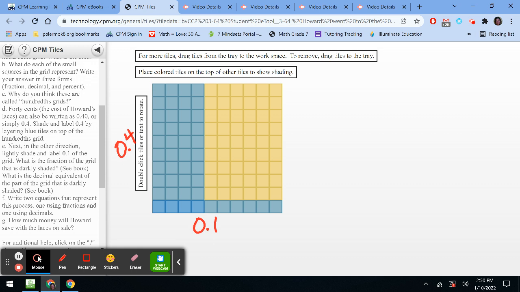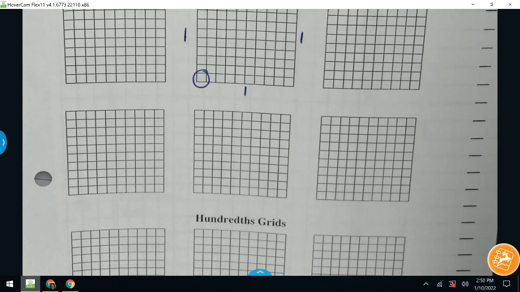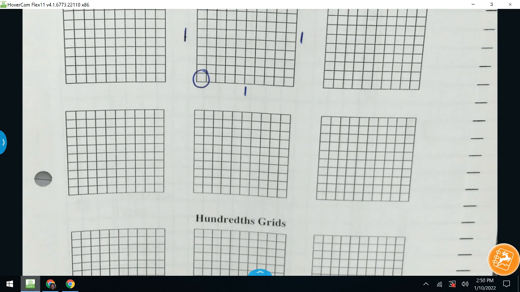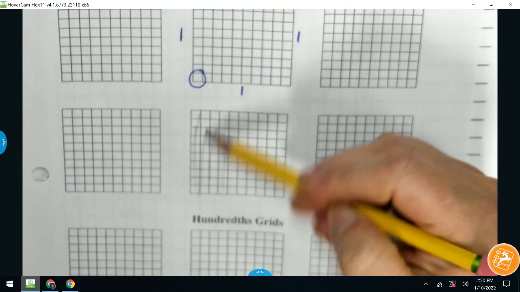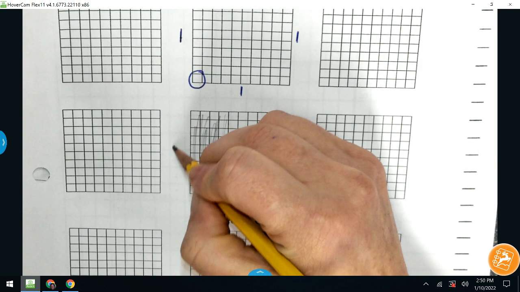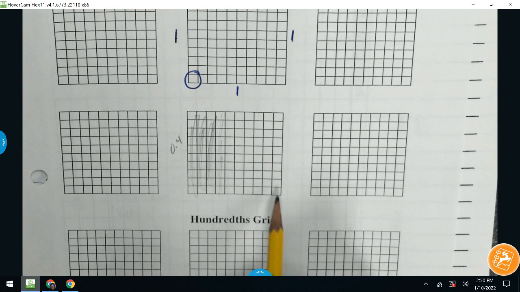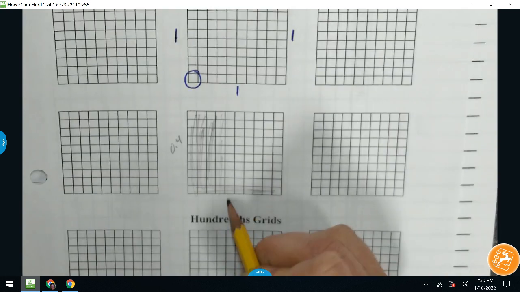So what we're going to do is go back to our notebook here. So again, you should have it shaded very carefully, going this direction and label, and this direction and label.